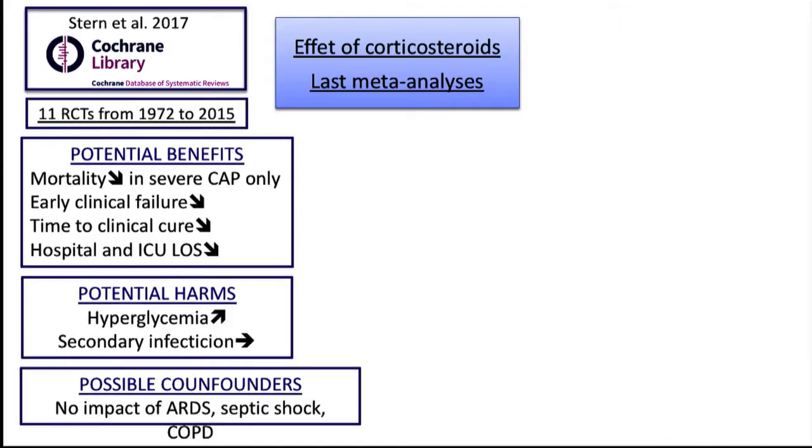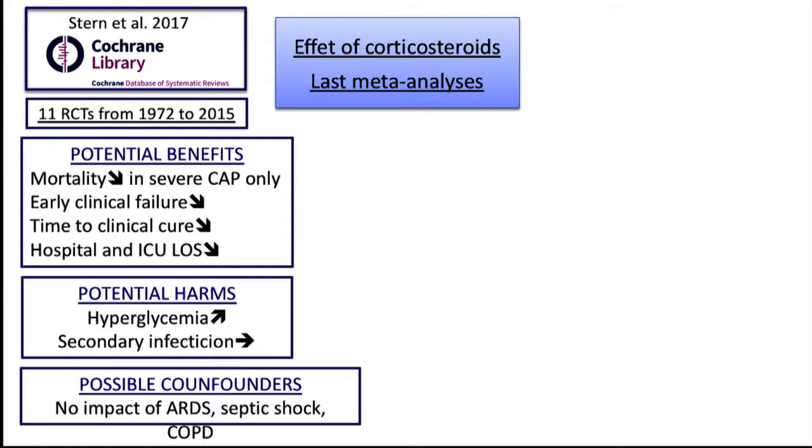We are lucky because we have several randomized controlled trials that assess the efficacy of steroids in this context. Here I will show you the two most recent meta-analyses. The first one is from the Cochrane Library, published last year, including 11 RCTs from 1972 to 2015, and they showed several potential benefits.